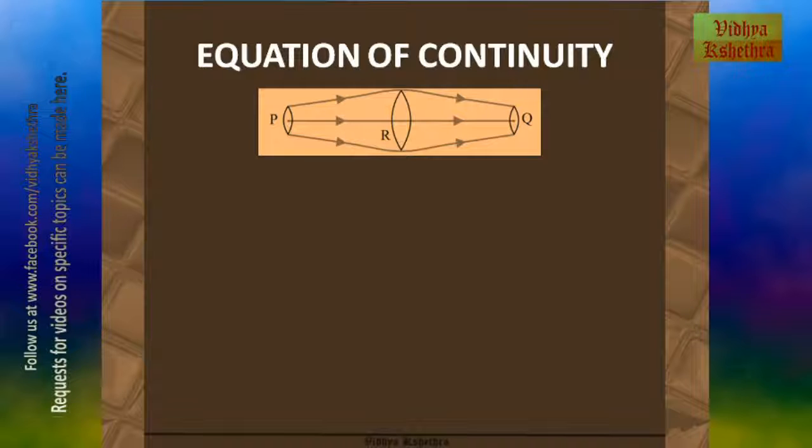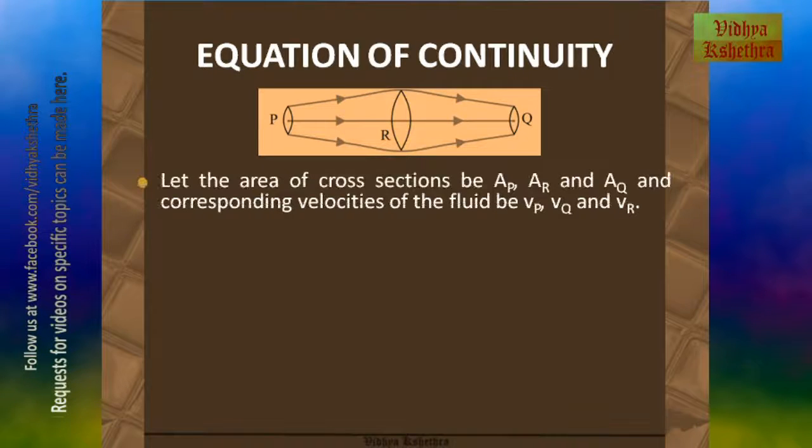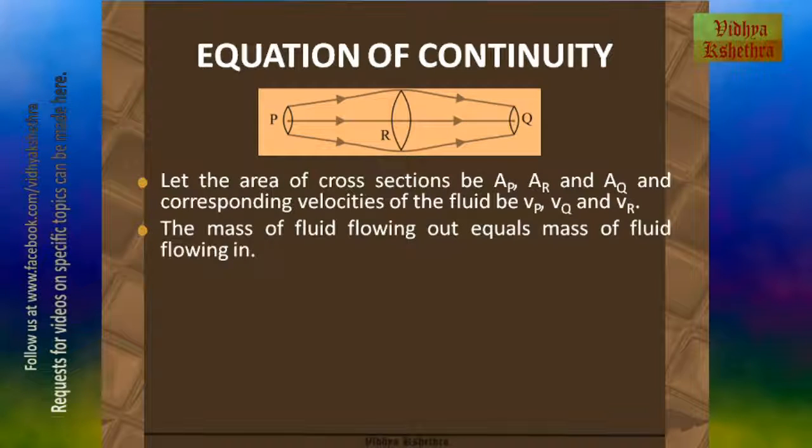Now, for deriving the equation of continuity, we can consider three planes perpendicular to the streamline flow of the fluid at points P, R and Q. Now, let the area of cross sections be AP, AR and AQ and the corresponding velocities of the fluid be Vp, Vq and Vr. Now the mass of fluid flowing out equals the mass of fluid flowing in.